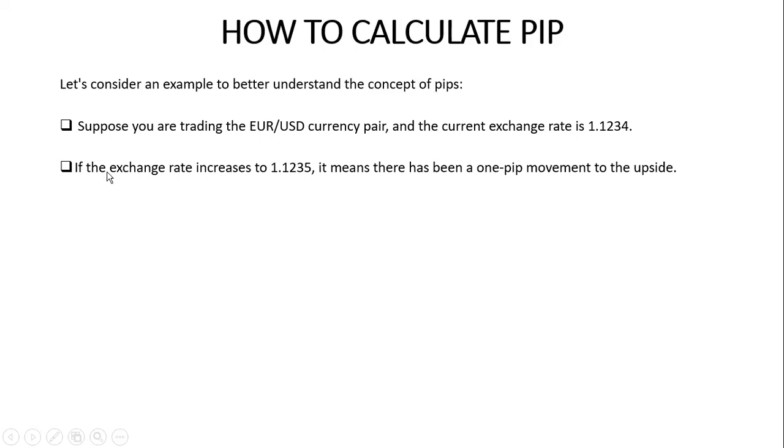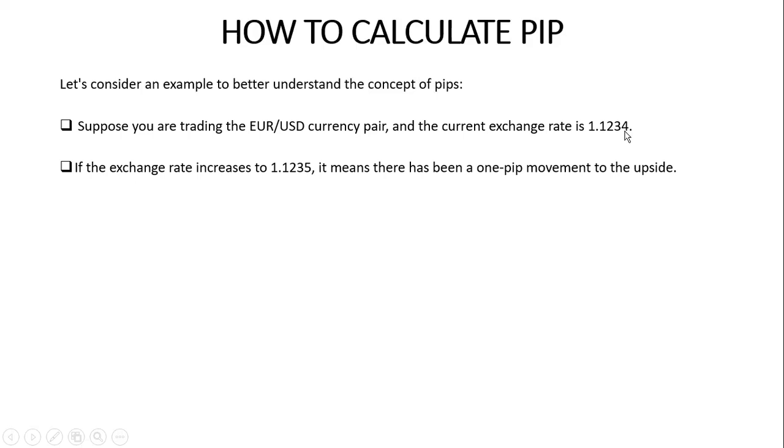Now, if the exchange rate increased to 1.1235, it means there has been a 1 PIP movement to the upside.